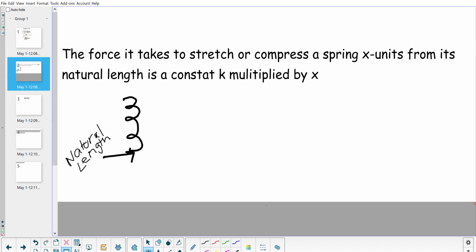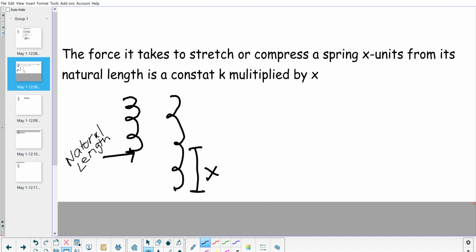Then, if there is some sort of force exerted on the spring, let's say it's pulled on. This distance from where its natural length is to where it's now at, that is x.